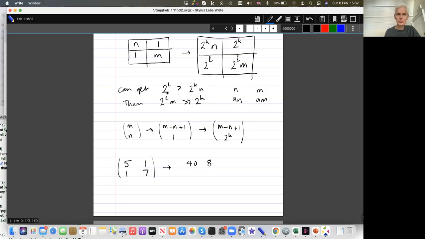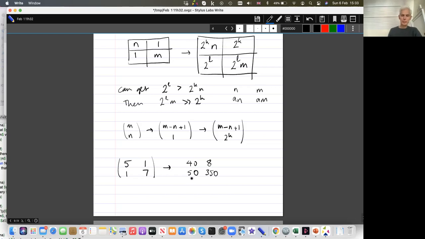I want to get 2 to the L to be bigger than 2 to the K N, so I'm going to multiply this by 40, no, a bit more, 50, and so this 7 now becomes 350.